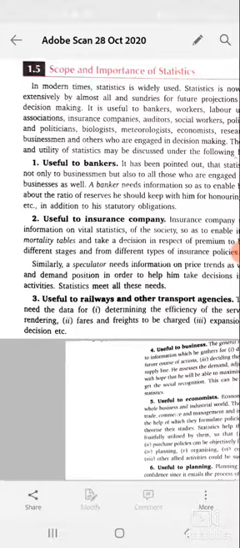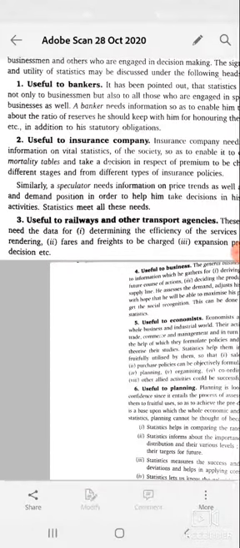So the insurance company determines its premium by the mortality rate and different statistical data. Statistics provides this type of information to insurance companies so that they can easily determine the different aspects of insurance.